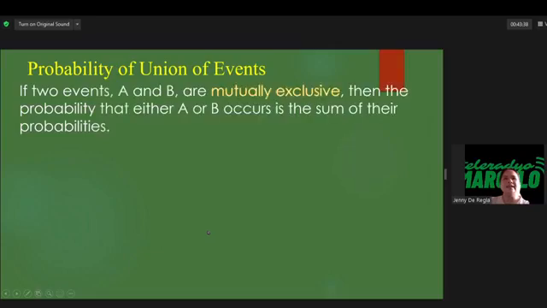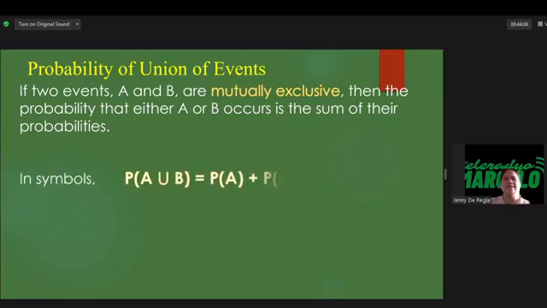So from that case, if two events A and B are mutually exclusive, then the probability that either A or B occurs is the sum of their probabilities. These are events that cannot happen at the same time.